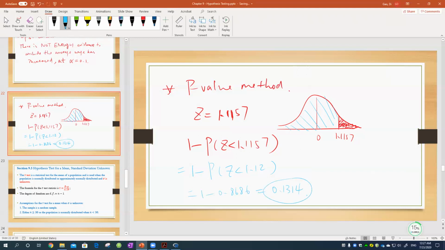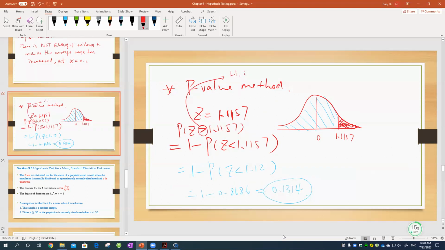So, okay, we have to write this. We're actually looking at probability of z more than 1.1157, and that is 1 minus probability of z smaller than 1.12, and then we calculate it to be 0.1314. Since the test is a right-tail test, this sign is from the H1.